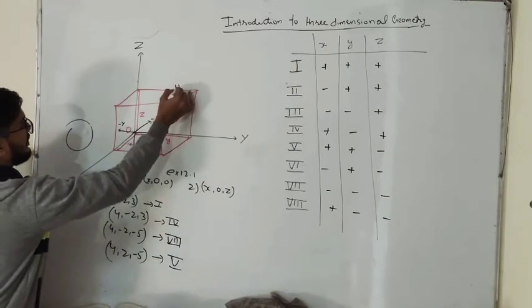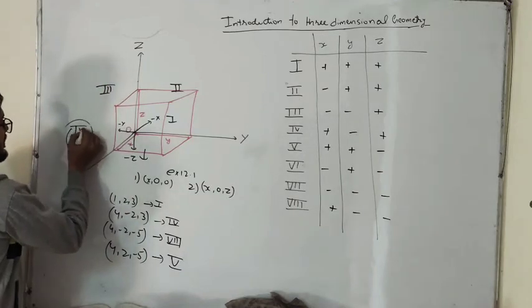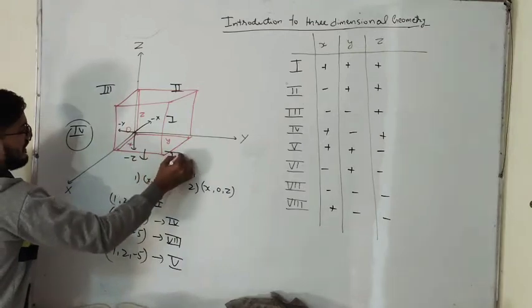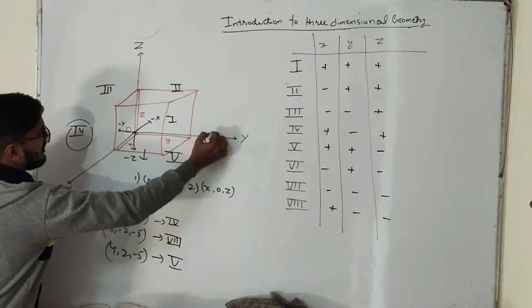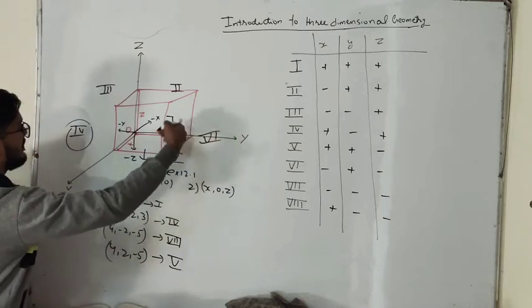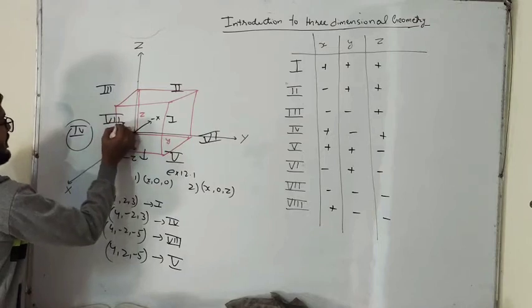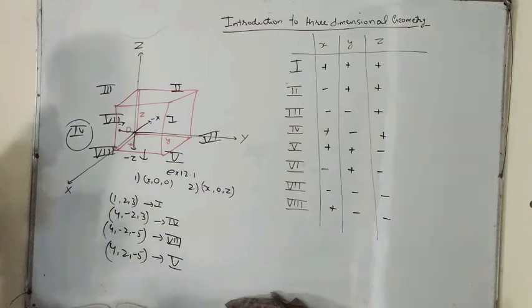Below that, second octant, then third octant, then here this one, fourth octant. Then below this octant will be fifth octant. Then opposite to that will be sixth octant. In that way, right? Then here it is seventh octant, and then this one, eighth octant.